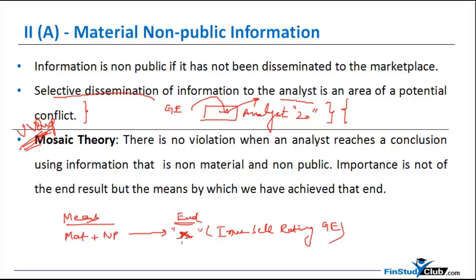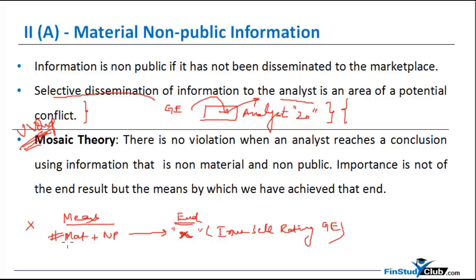Maybe this is the end result that the information I get access to will lead me to. This standard clearly prohibits use of such information, and therefore prohibits the analyst from issuing a sell rating based upon this information.